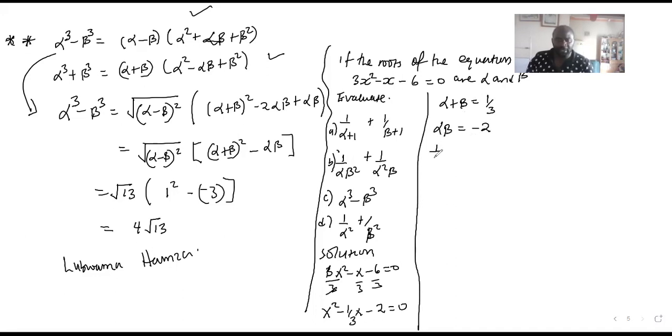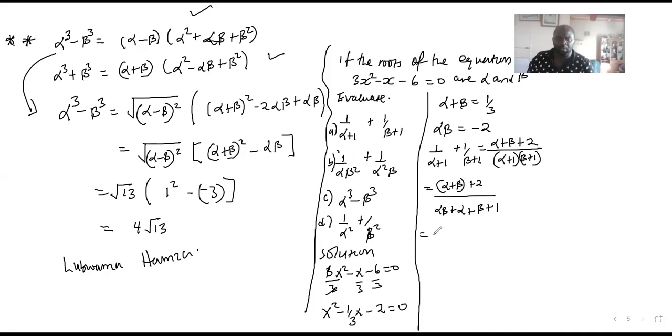Now 1 over alpha plus 1 plus 1 over beta plus 1 is equal to alpha plus 1 times beta plus 1 as the LCM, alpha plus beta plus 2. This will realize alpha plus beta plus 2 divided by alpha beta plus alpha plus beta plus 1.